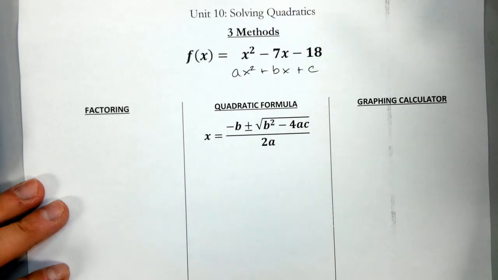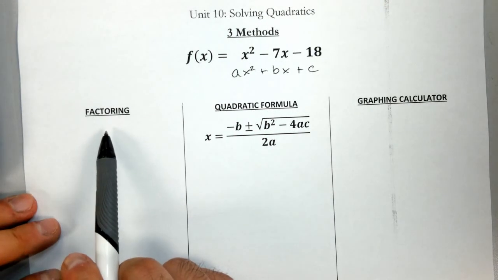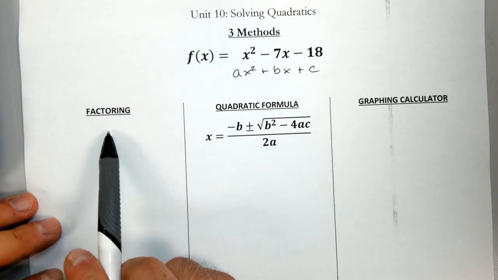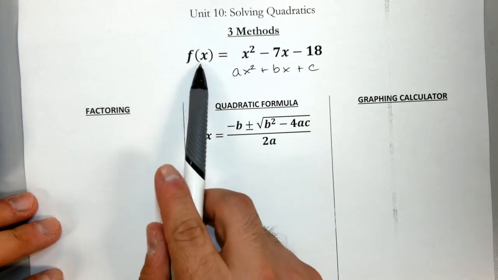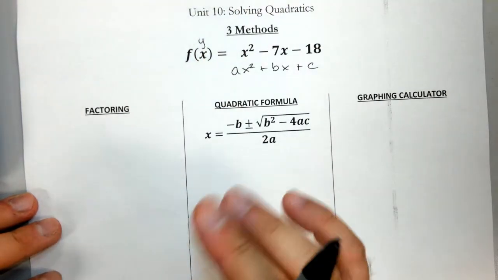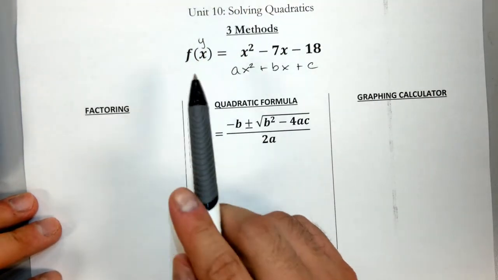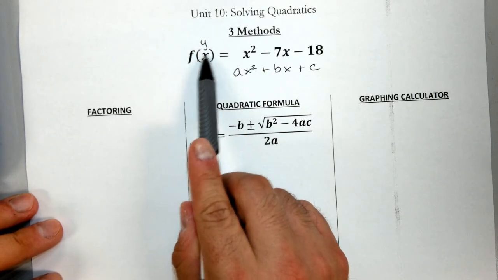So what you're going to do is what you've already learned how to do, and most of you are really good at this. You're going to factor this equation. Normally when we write this f of x, this could be an f of x or it could also be a y. You'll see a problem later on, but we want to make sure that this is just 0.